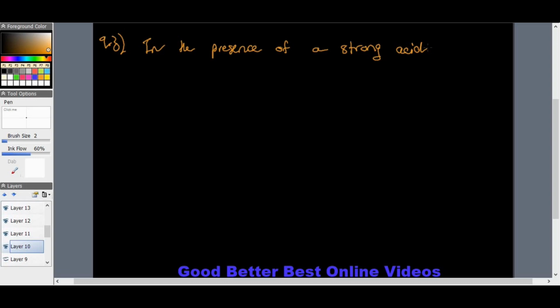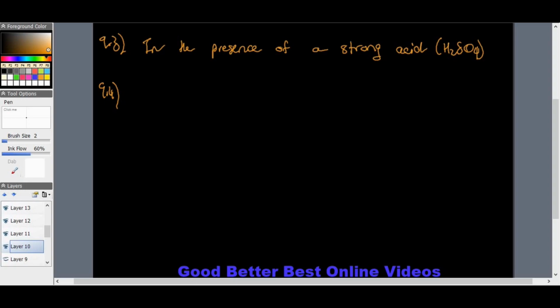So you can take either methanol and ethanoic acid, and your catalyst would be sulfuric acid, for example, and that would be a good catalyst for that. So we can name the catalyst there as H2SO4.